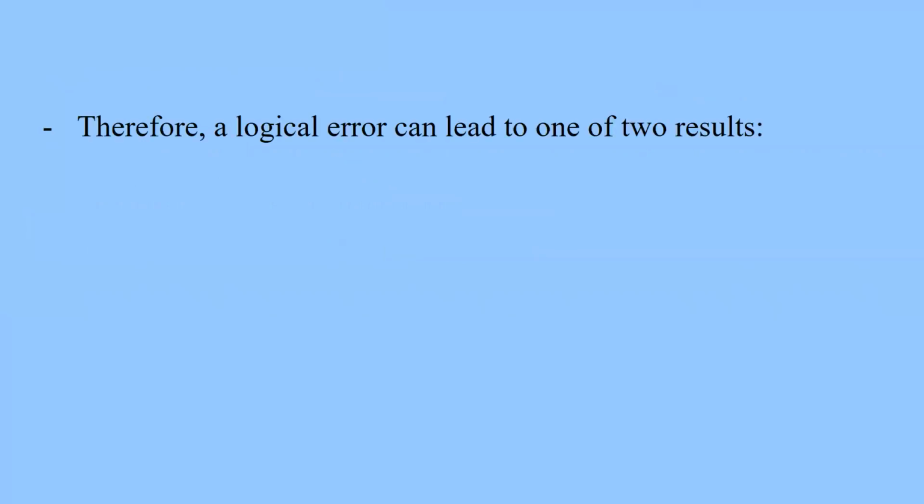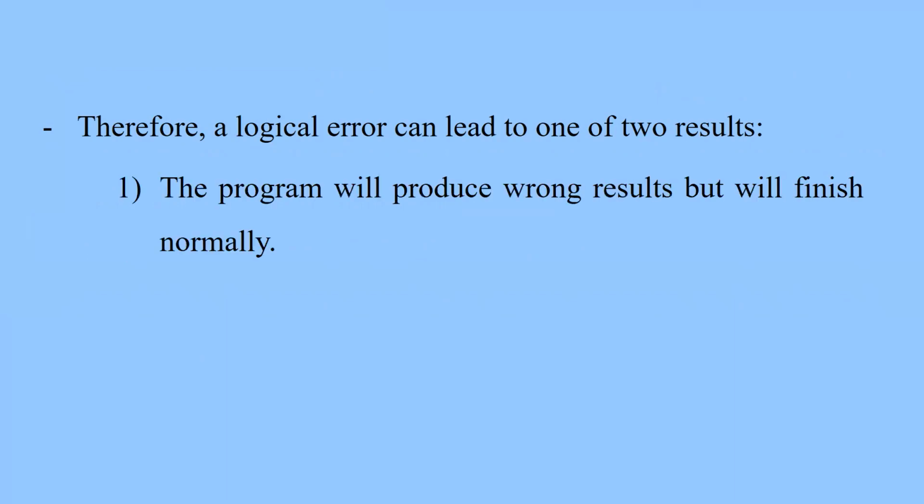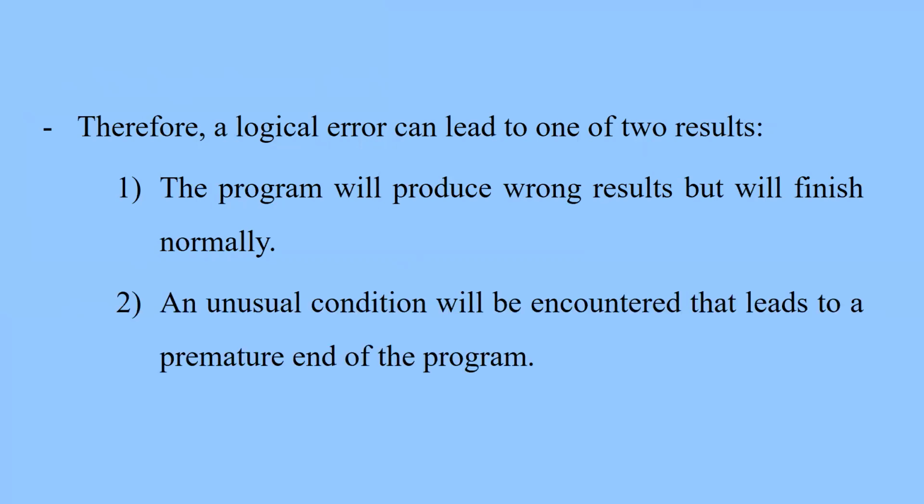Therefore, a logical error can lead to any one of the following situations. One, the program will produce wrong results, but it will finish normally, or there will be an unusual condition being encountered that may lead to the premature end of the program.